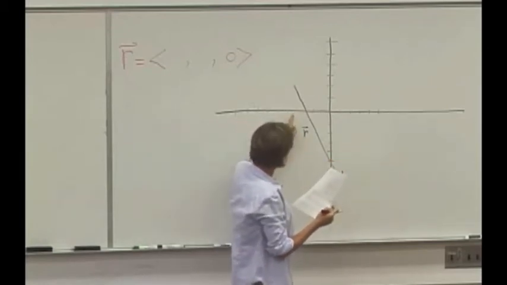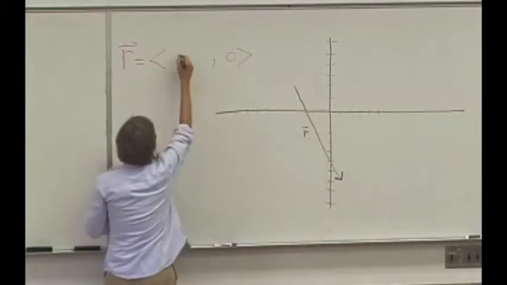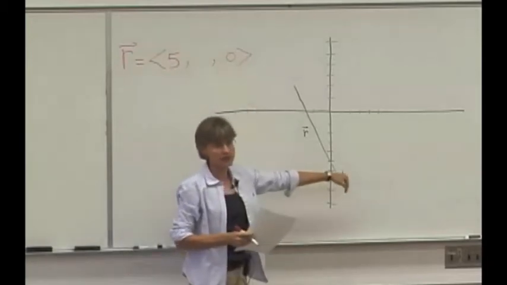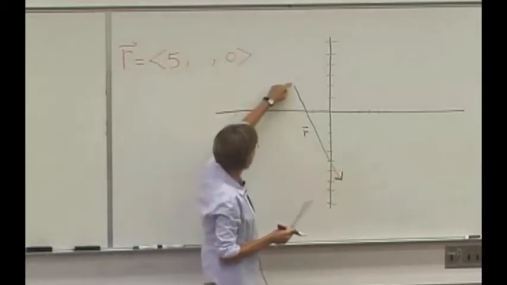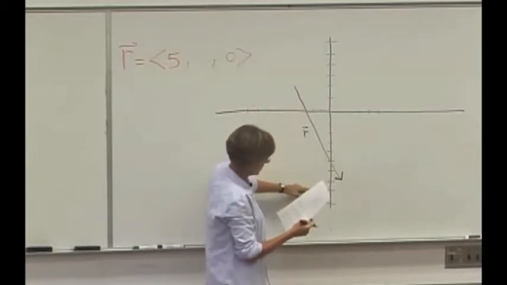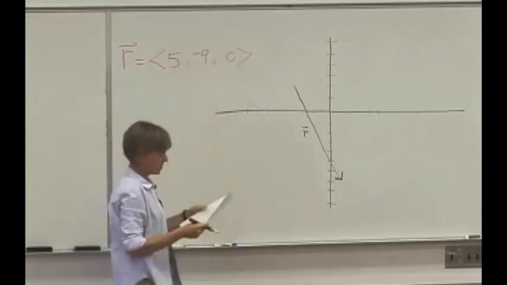And we count 1, 2, 3, 4, 5 squares over in the x direction, so it should be a plus 5 in the x direction. The y component is negative, so we have 1, 2, 3, 4, 5, 6, 7, 8, 9, so it's going to be a negative 9, 0.